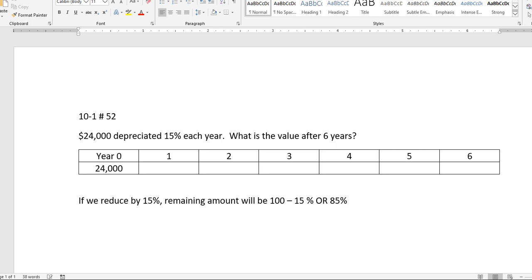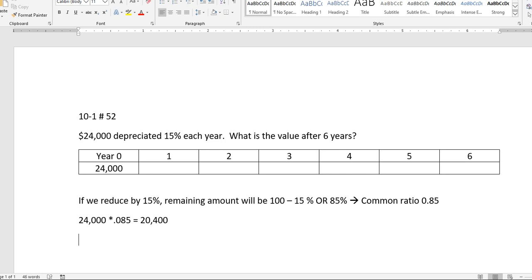So what you're just going to do each time is say, okay, I'm going to take year 1, I'm going to take 24,000, and this means that my common ratio will be my percent as a decimal, or 0.85. So we'll do this times 0.85, and that is equal to 20,400.